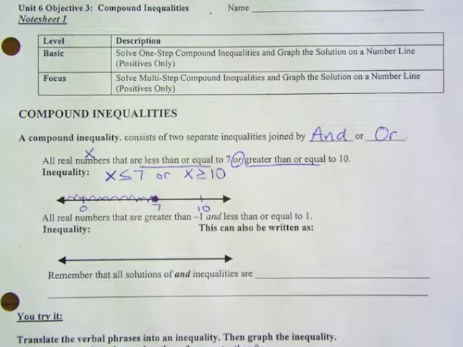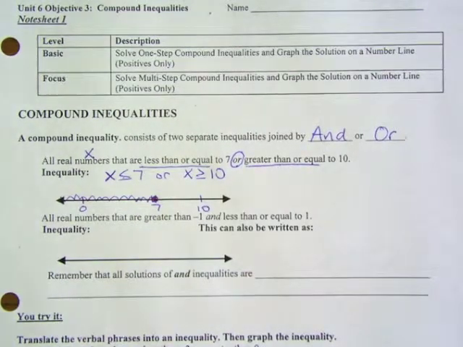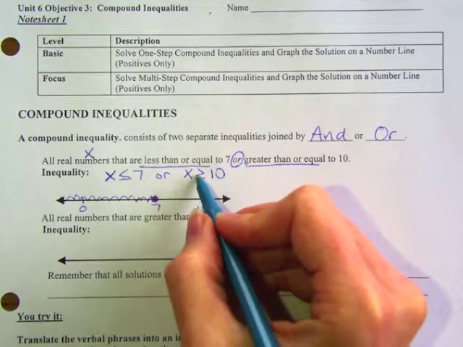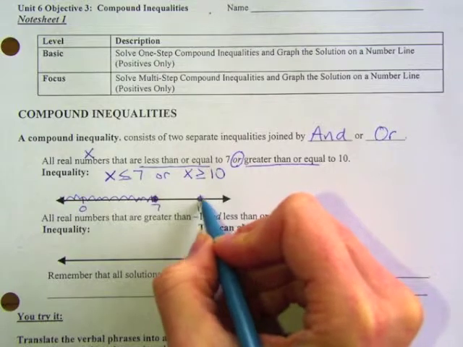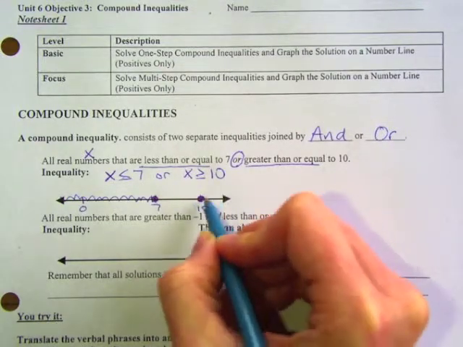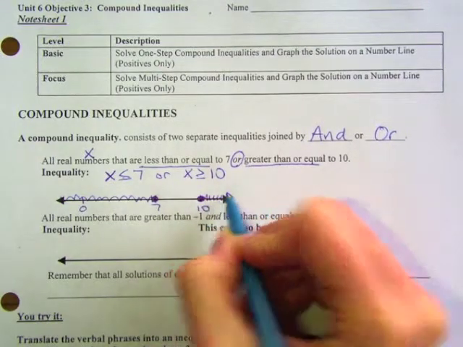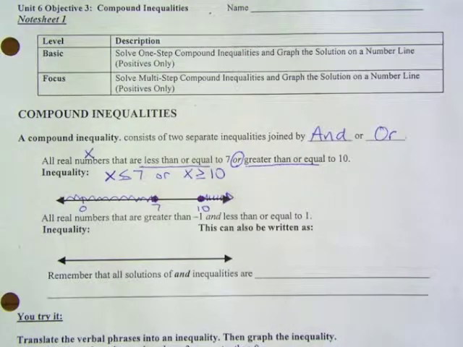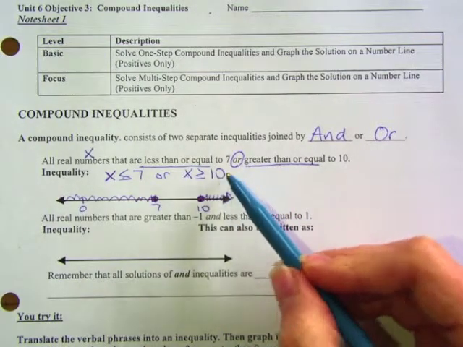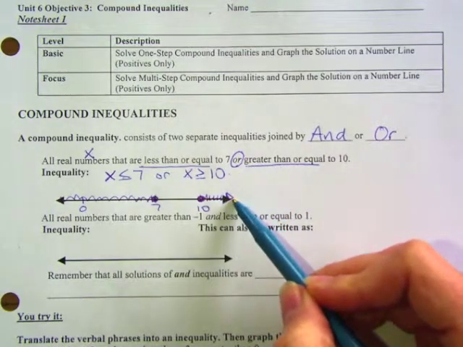And remember with the idea of or, you graph each graph in its entirety, and that whole graph, both the combination of the two, is the solution to the whole thing. So here we have x is greater than or equal to, so it has the equal to, we're going to close the circle, and greater than goes to the right for that 10. Okay, we have the solution written out and the solution graphed out. Both of those are part of the solution.